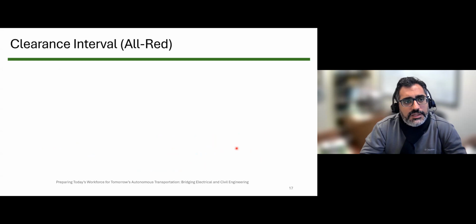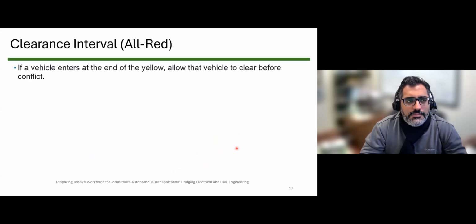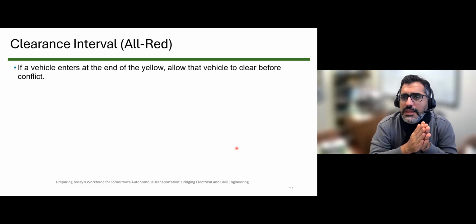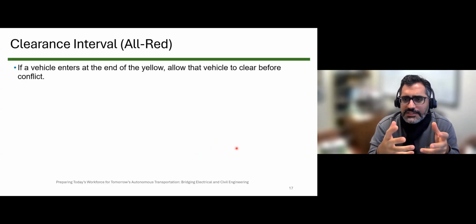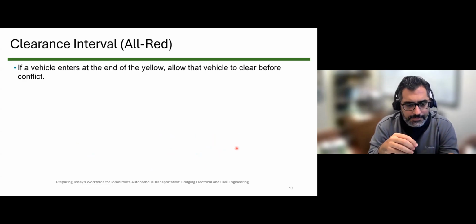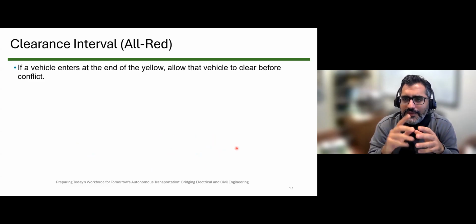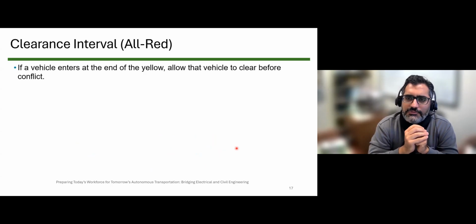Next, we have the clearance interval, or all-red. This is something that maybe some of you might not be aware actually exists at intersections. So next time you're driving and waiting behind a red light, pay attention to the rotations of traffic lights.